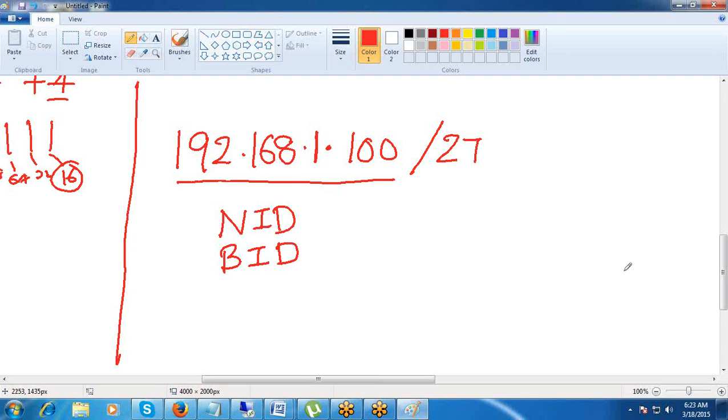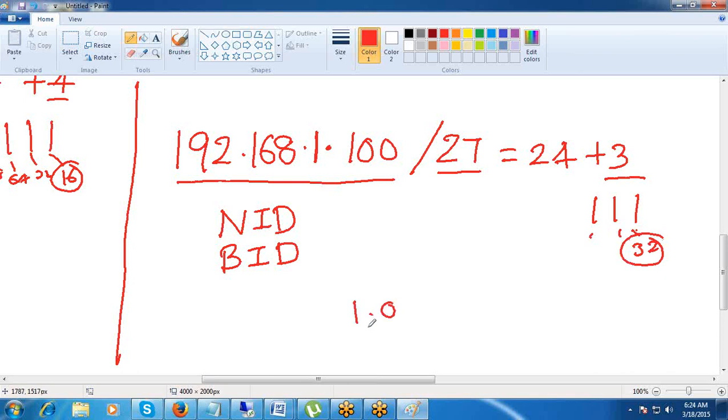Good. Simply because 27 means we can write it as 24 plus 3. 3 bits means 1, 1, 1: 128, 64, 32. Increment of 32. The first one is 1.0, 1.32, 1.64, 1.96 and 1.128.